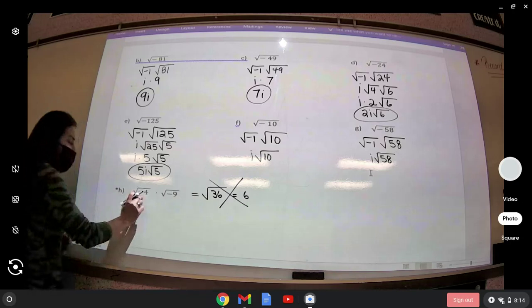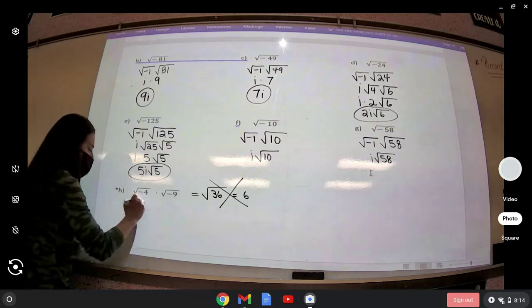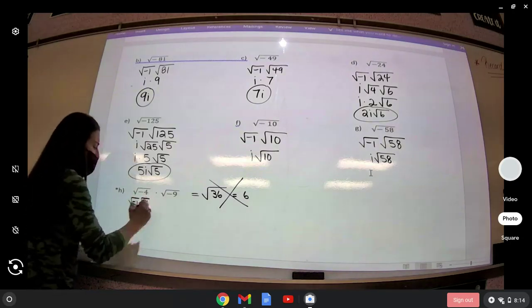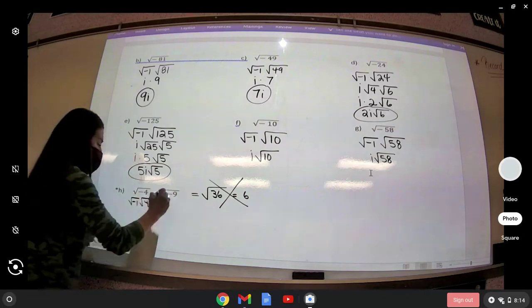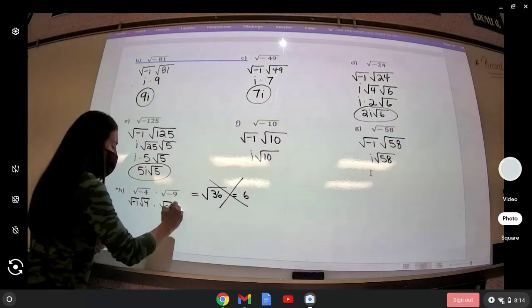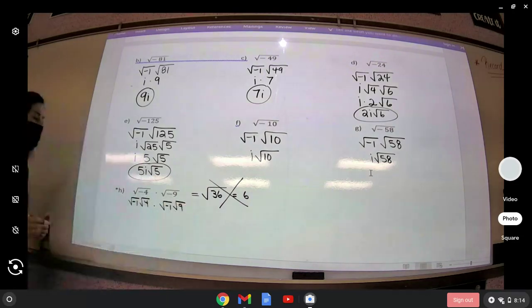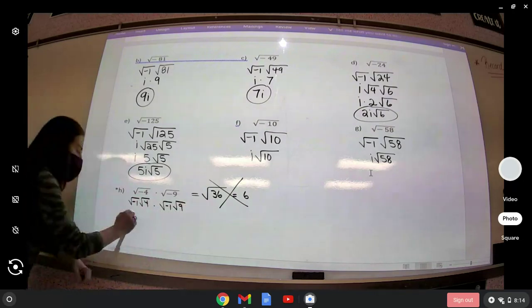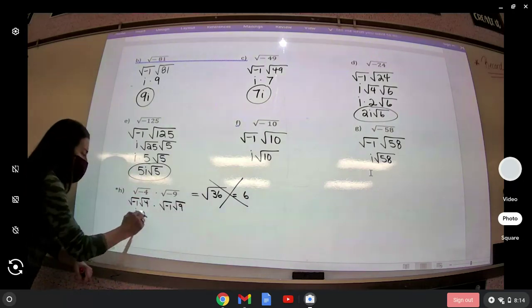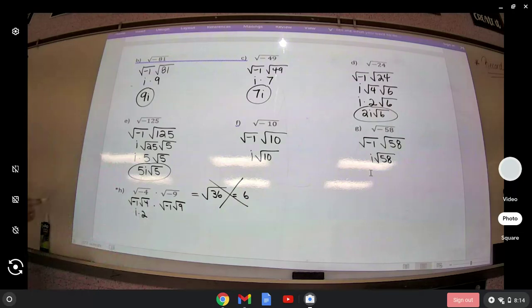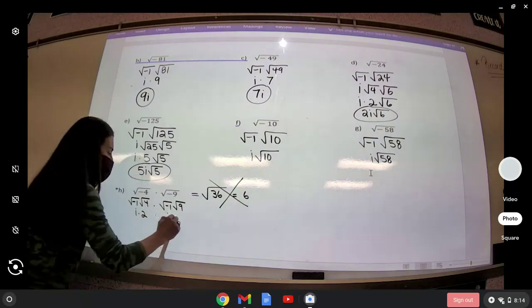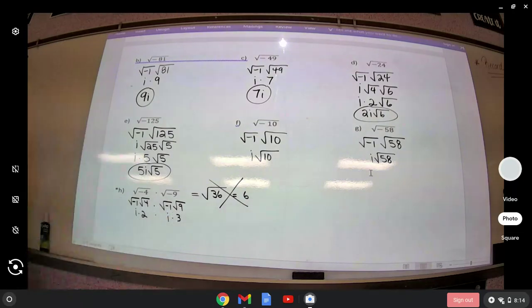So now watch what happens. Technically the square root of -4, guys, that's the square root of -1 times the square root of 4. Times, this is the square root of -1 times the square root of 9. So really I get i times 2, because 2 is the square root of 4, times i times 3.